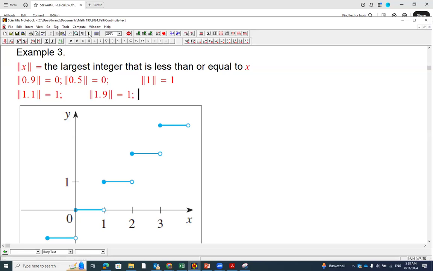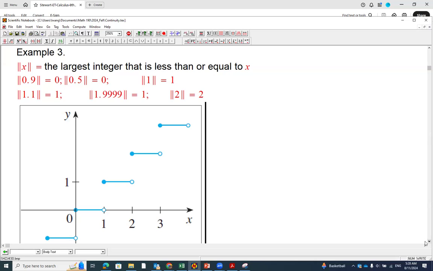And as we keep going, you can have 1.999, it's still 1. Okay, so until you have 2, and the output is going to be 2. So that's why in this interval you have this jump of 2. So this is the function in our consideration.